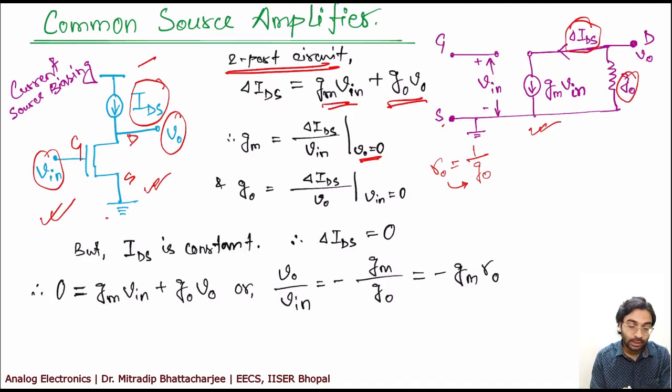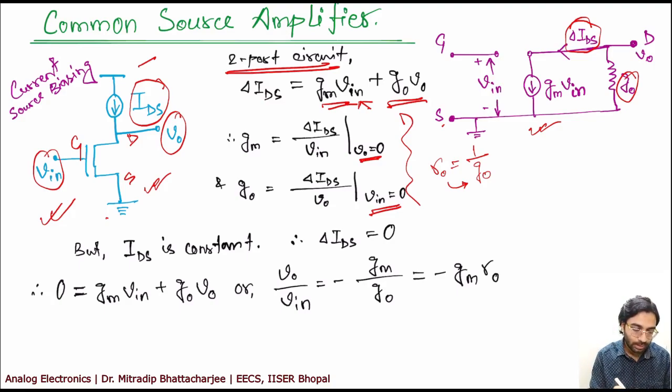And if you want to calculate g0, you make V in equal to 0 and you will find g0 is equal to delta IDS by V0 when V in equal to 0. So this is normal. In network theory you always have done, you put something 0 and calculate the other, and then put that one 0 and calculate the other.